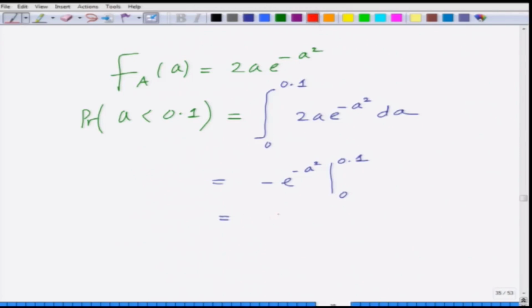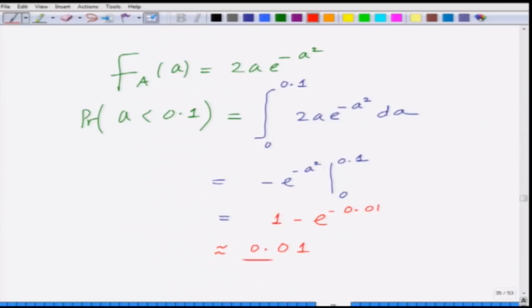So, that is equal to 1 minus e power minus 0.1 square, minus 0.01, which is approximately equal to 0.01. So, the probability that the attenuation of the channel is worse than 20 dB is 0.01.